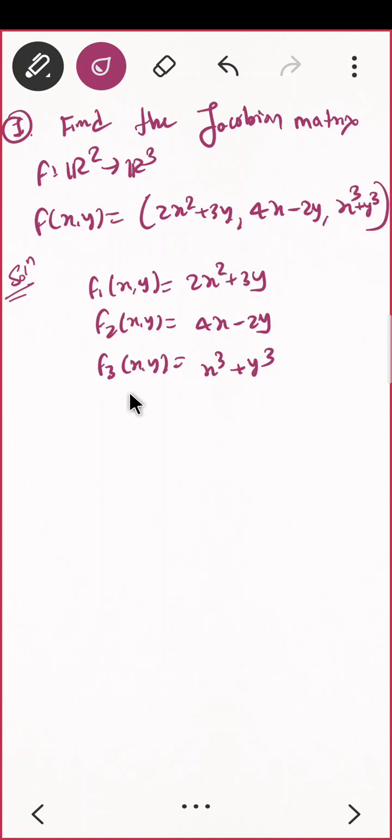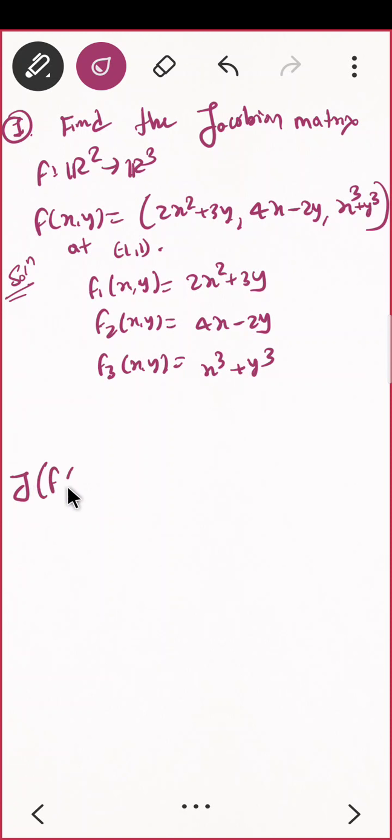Yes. What will be Jacobian matrix? Let's say Jacobian at some point, let's say at 1, say -1, 1. So suppose this is your function f1, f2, f3, and Jacobian of function. So what is Jacobian of function?